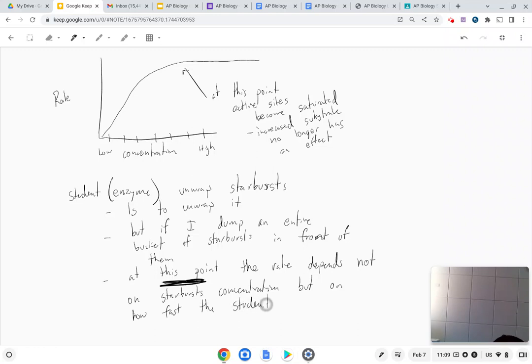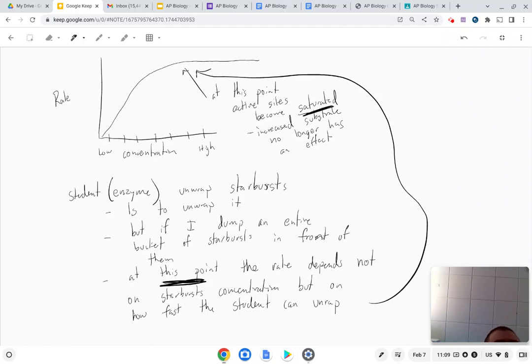Okay, so that's my funny analogy, and that's referring to this point right here, right? At this point, I've dumped a whole bucket of starburst, and me dumping a second bucket of starburst is not going to help, right? The student is saturated with starburst, and adding more starburst does not increase the rate, and so that's why we get this leveling off, right?